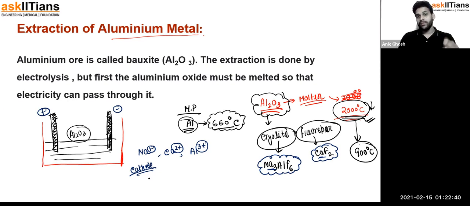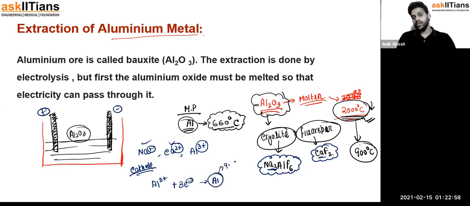So aluminium would go, although there is a competition. So using cryolite and fluorspar is not a bad idea, right? It would take the 3 electrons to give you aluminium metal, which is going to be about 99% pure.